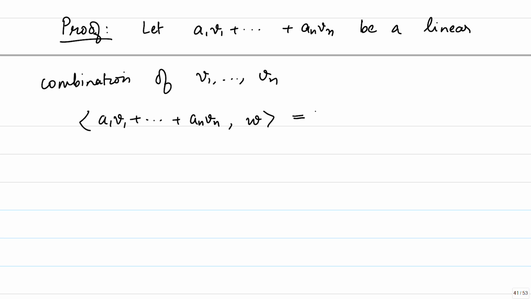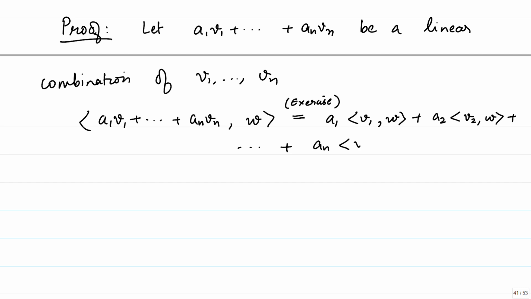But by linearity, by an induction argument on linearity, which I will leave as an exercise for you to check, this is a1 times the inner product of v1 with w plus a2 times the inner product of v2 with w plus dot dot dot an times the inner product of vn with w. But what do we know about the vi's? Each of the vi's is orthogonal to w.